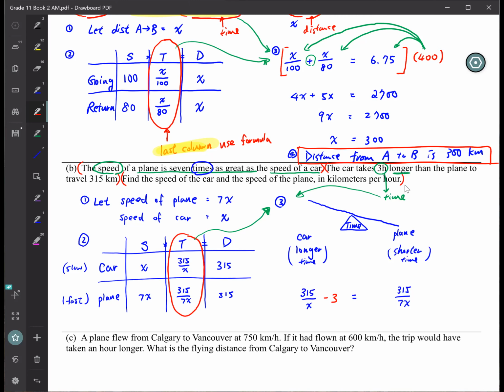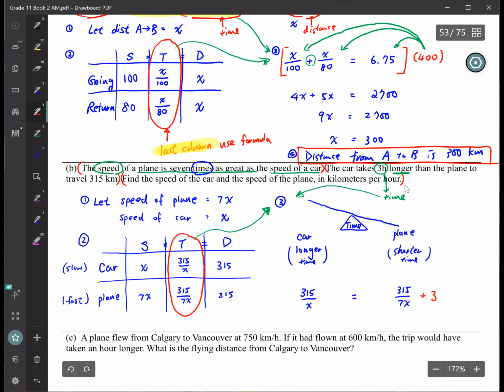Yeah, this is one way, right? So you could subtract 3 from the car, because the car is longer. Or, you can bring the balance the other way. I can make the shorter time go up, right? To make it balance again, to make them equal. So shorter time is for the plane, right? So the plane can add 3 hours.